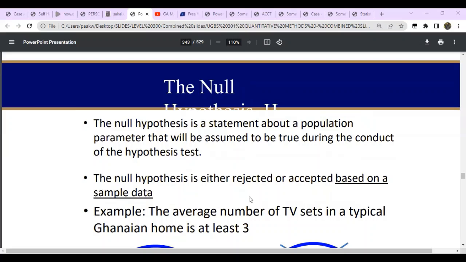So let's move on. We have the null hypothesis. So we represent null hypothesis with H naught, like this, H naught.